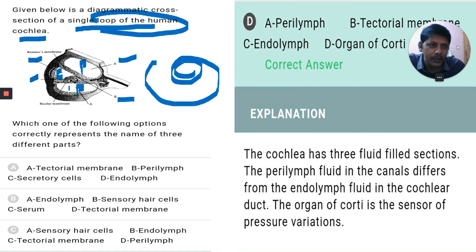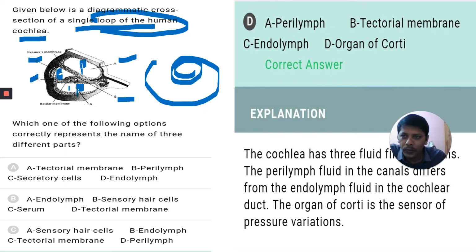Here, look at the option: A is perilymph, also here perilymph, and B is the tectorial membrane over the organ of Corti, and C contains endolymph, and D is the organ of Corti, and this is the basilar membrane.